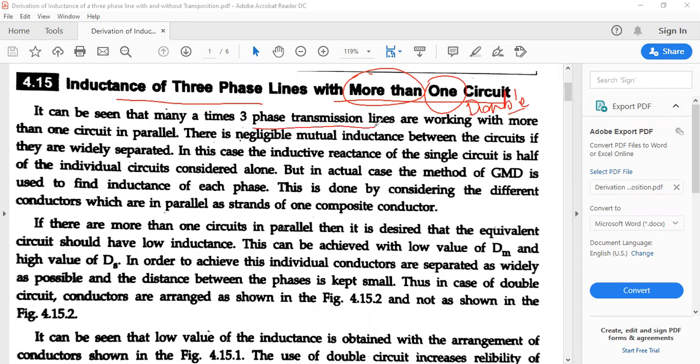Once I consider three-phase transmission lines working with more than one circuit in parallel, there is a negligible mutual inductance between the circuits if they are widely separated.